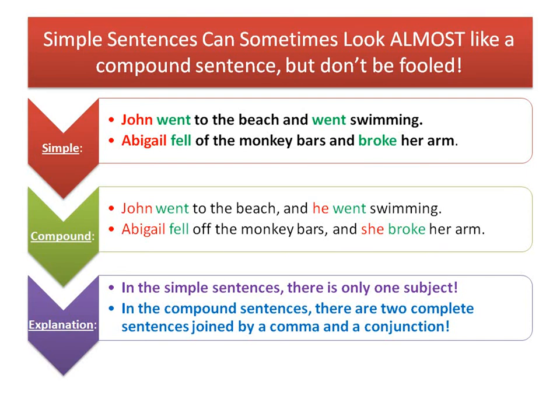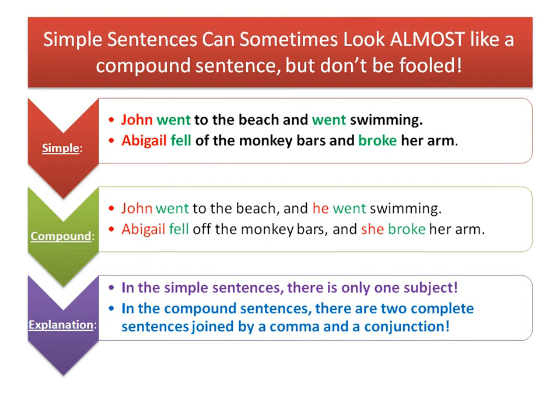A compound sentence would not only have two verbs, it would have two subjects and two completely independent meanings. So John went to the beach and he went swimming. When it's a compound sentence, you can say each half of the sentence by itself and have it make sense. John went to the beach. He went swimming. Each of those is a correct sentence.